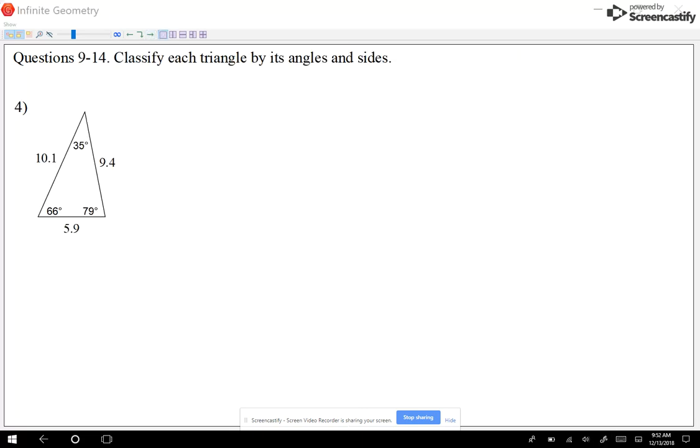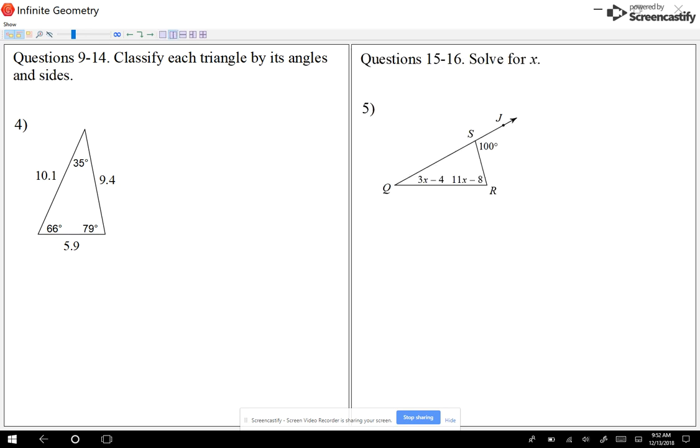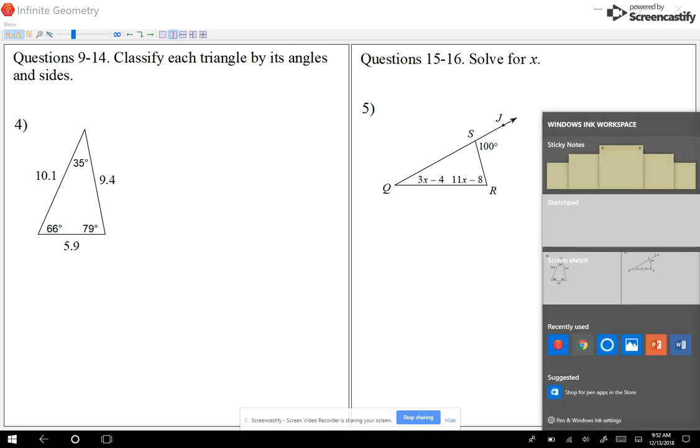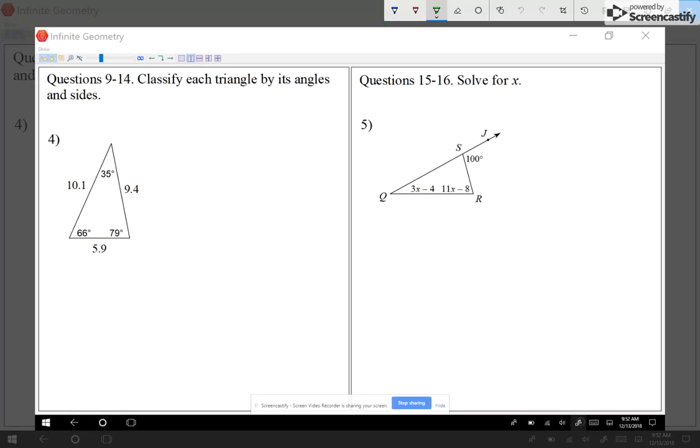Then on question number 4, I'm asking you to classify each triangle by the angles and by the sides. I'm going to put 2 questions at once. When I go by angles, I'm going by the biggest number. In this case, 79. 79 is less than 90, so I'm going to call this acute.